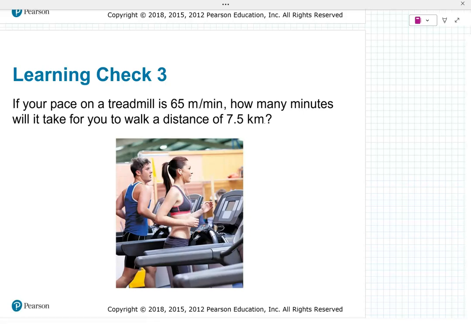You need to identify the original, 7.5 kilometers. You basically hear me out, you're solving a problem of sorts: how long will it take me to drive somewhere?